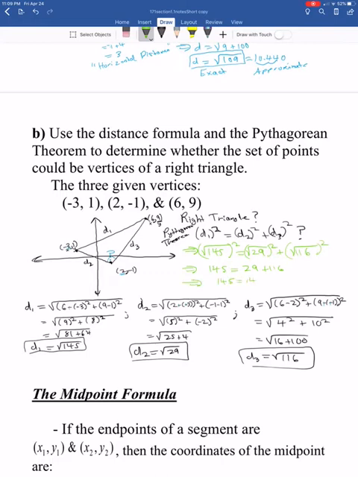And what do we get? We get a true statement. So that implies, yes, we have a right triangle. Our Pythagorean theorem holds true. That was our question: it's a right triangle, the Pythagorean theorem must hold true, and it did.